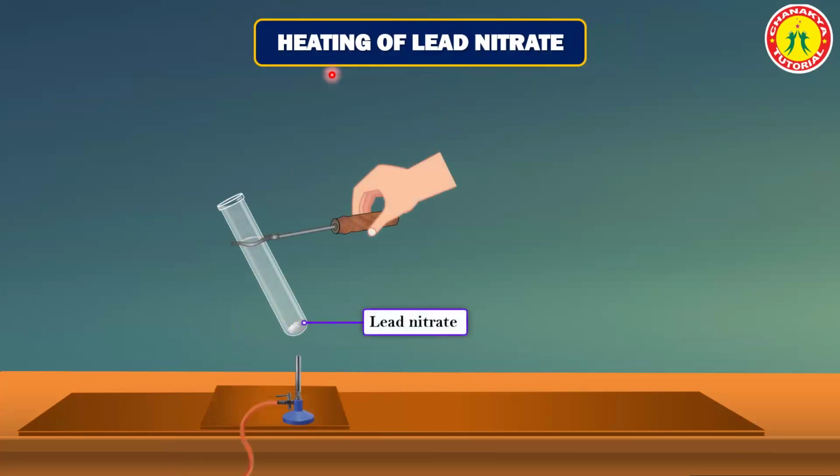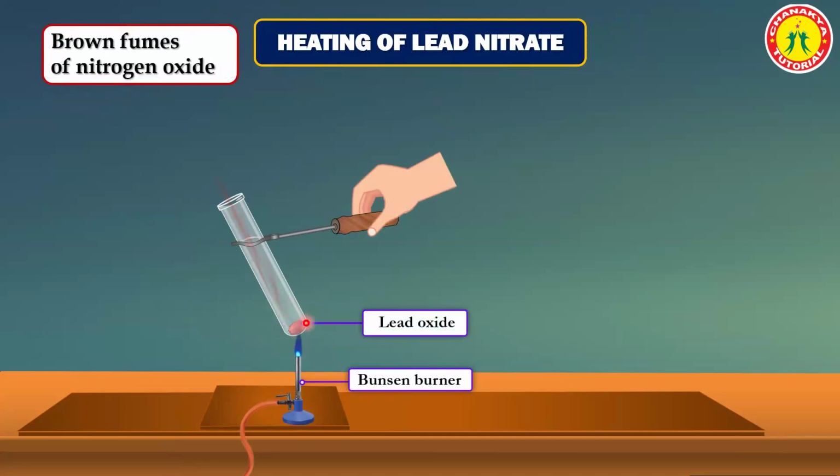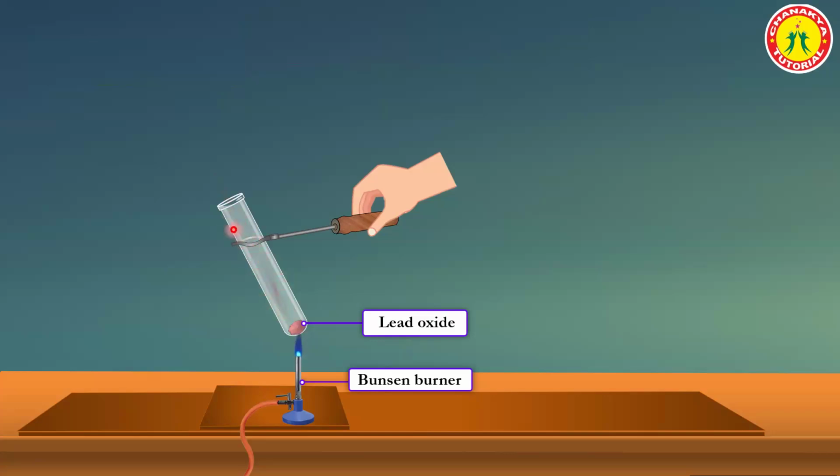Similarly, we'll heat lead nitrate. It will lead to release of a gas and formation of a product. So what has happened? These brown fumes indicate release of nitrogen oxide gas.